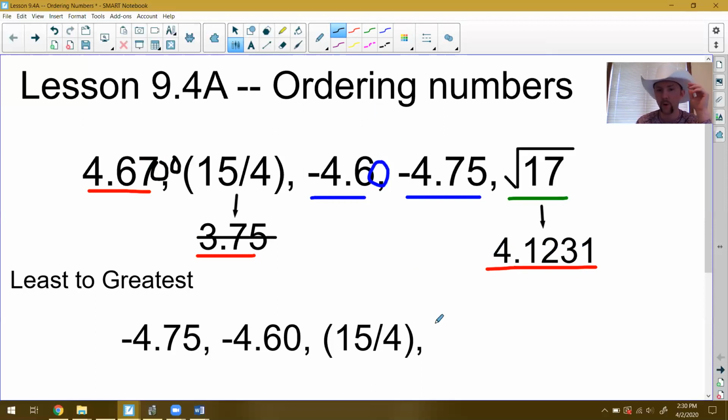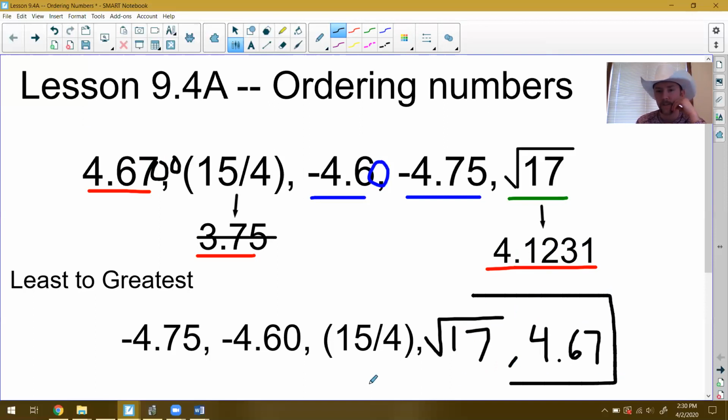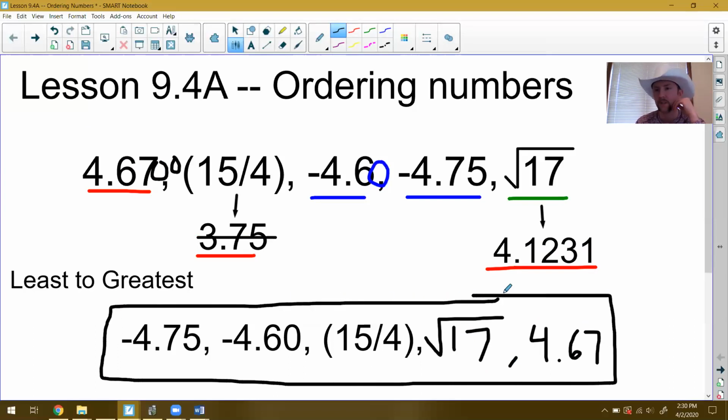And again, if you want to, you can go ahead and put the square root of 17 back in there. Okay, square root of 17. And then my last number is going to be this 4.67. And that is my list of these 5 numbers in order from least to greatest.